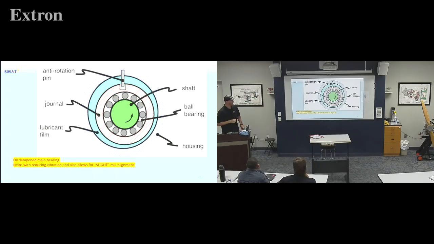So, oil dampened. What they didn't draw that they probably should have is an oil inlet line and oil out, that kind of idea. But yeah, oil dampened bearing, kind of cool. Comments, questions, side remarks?